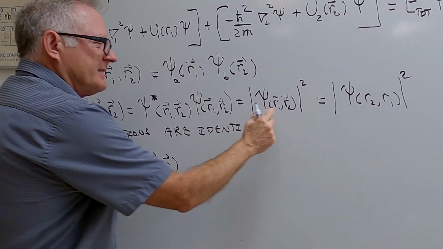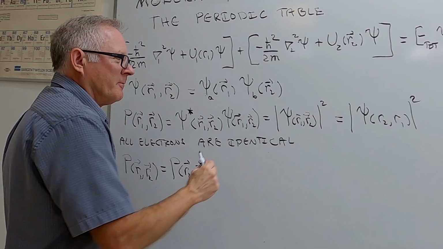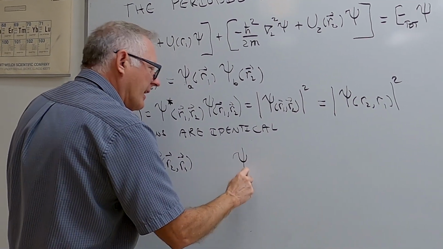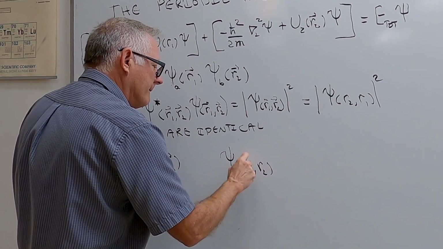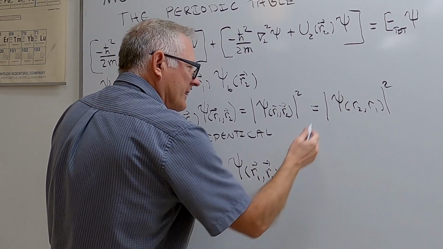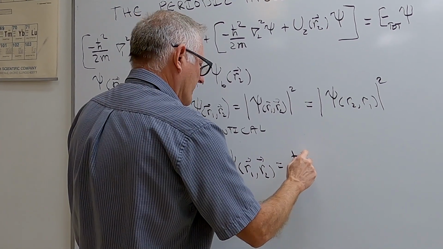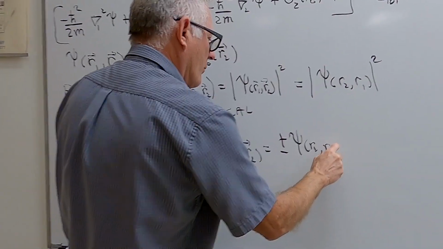Well, if this is equal to this, that must mean that if I take the square root of both sides, psi of R1, R2 is plus or minus psi of R2, R1.